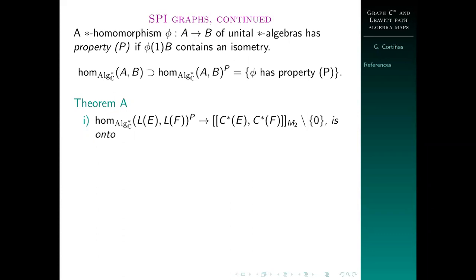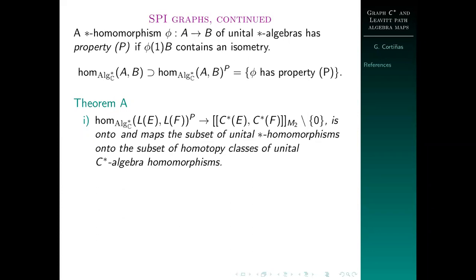So you can lift any non-zero star homomorphism to a homomorphism. Here I am still assuming that E and F are SPI. And moreover, the subset of unital star homomorphisms maps onto the subset of homotopy classes of unital C-star algebra homomorphisms.